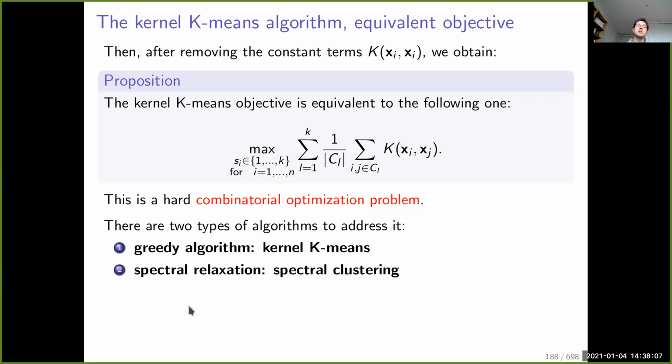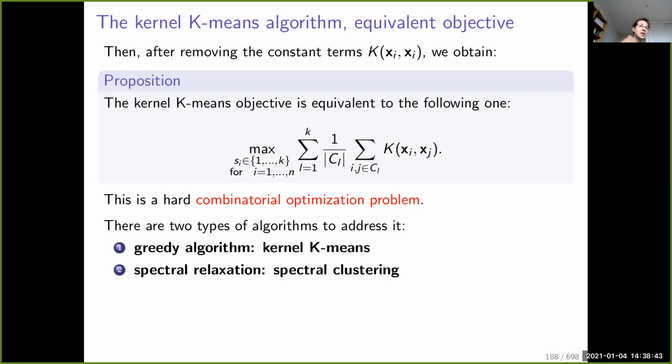And in fact, there is an approach called spectral clustering, which can be seen as a spectral relaxation of the kernel k-means objective. I will precise what I mean by that. You may see spectral clustering in other classes from a very different point of view. And in fact, there is not a single algorithm which is called spectral clustering in the literature. But I like this point of view because personally, the first time I understood spectral clustering was by looking at the kernel point of view.